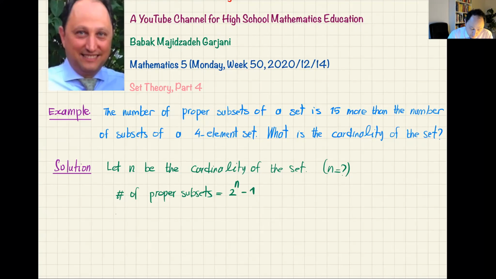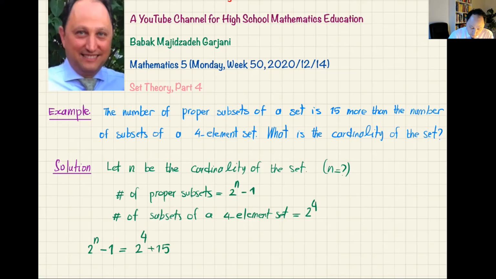So the number of subsets of a 4-element set is equal to 2 to power 4. By reading this equation, I see that this number is 15 more than this number.